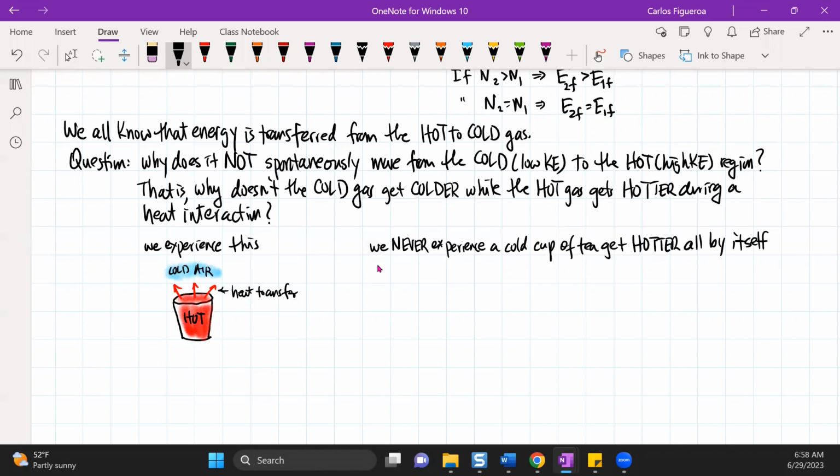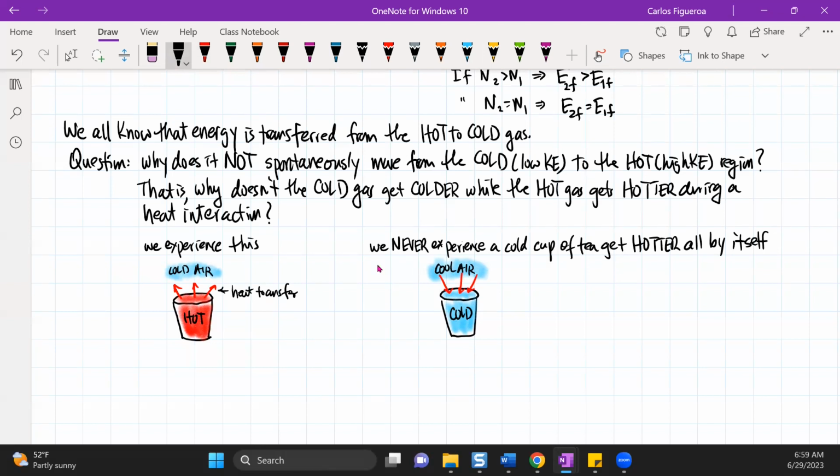So if I start off with a cup of tea that is now cold, and I have room temperature cool air, why does heat not come from the cool air in this direction and reheat the cup of tea?